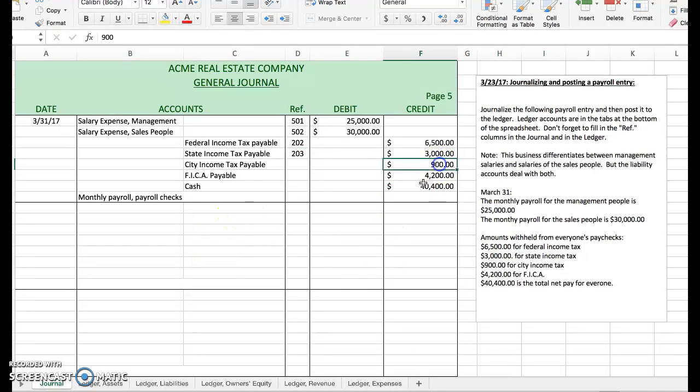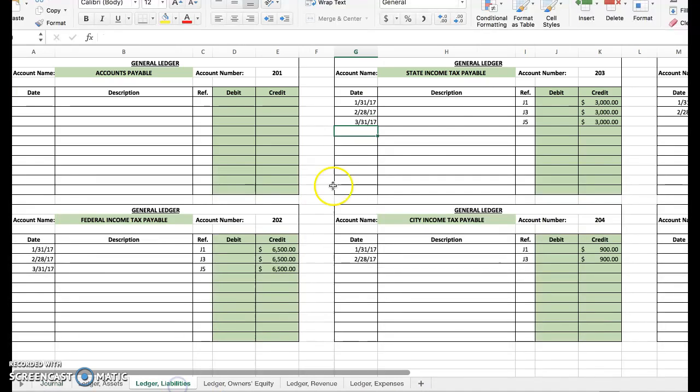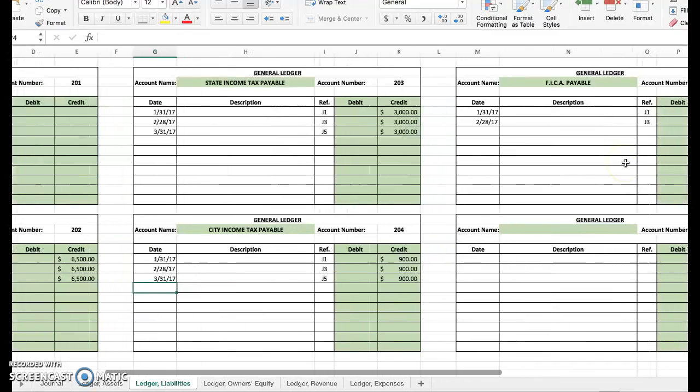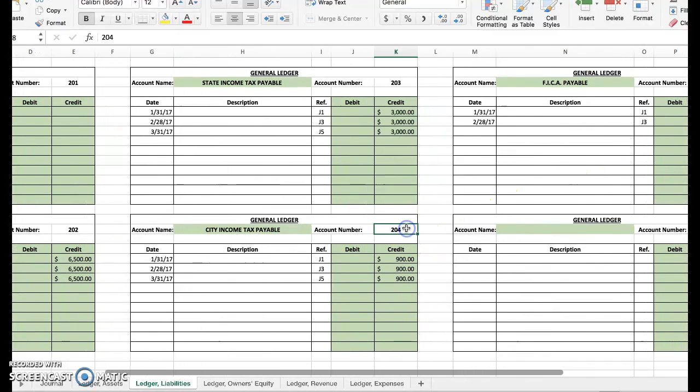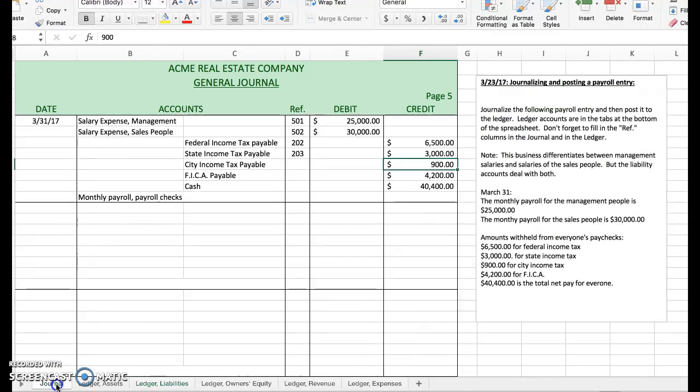State income tax is 900. We go to that liability account. This should be getting pretty simple for you by this time. You've done this a number of times and it becomes repetitious. And that's account 204 back in the journal, 204. So it's a fairly simple process once you get used to the steps involved.